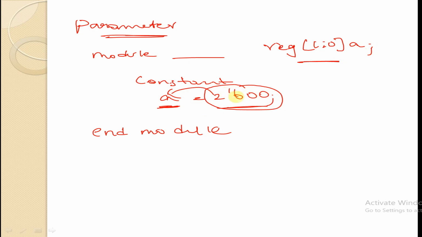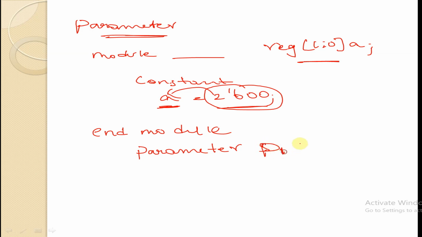Instead of writing 2'b00 everywhere, we can use a keyword called parameter. We can declare a parameter followed by the parameter name, say p1.